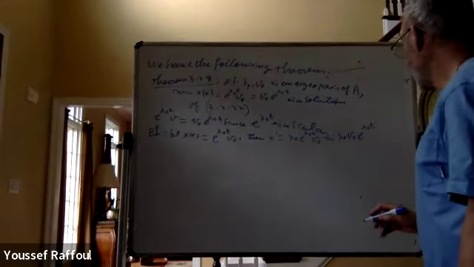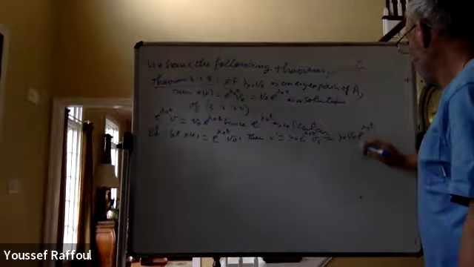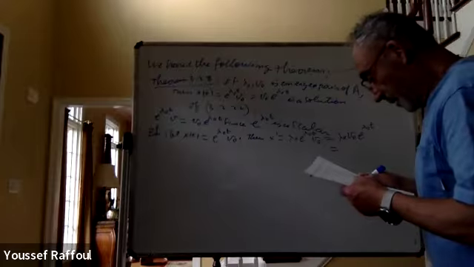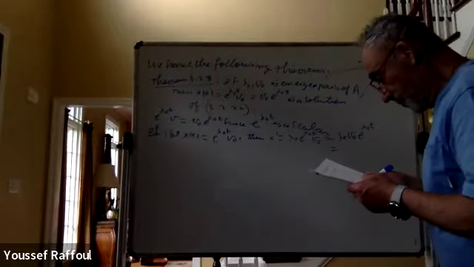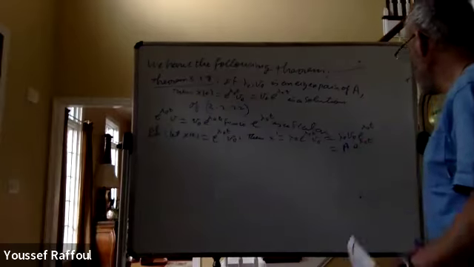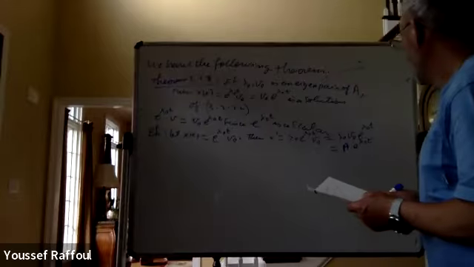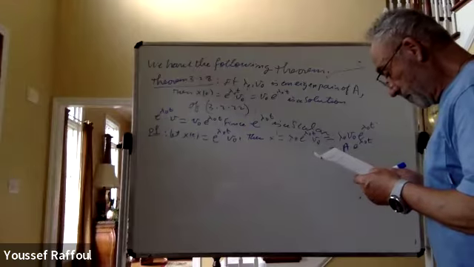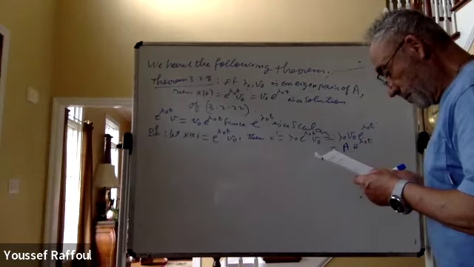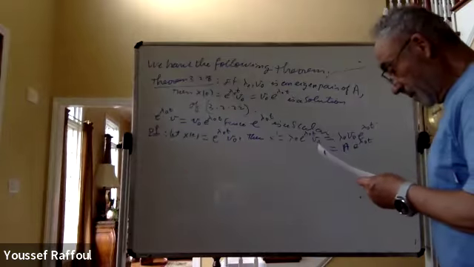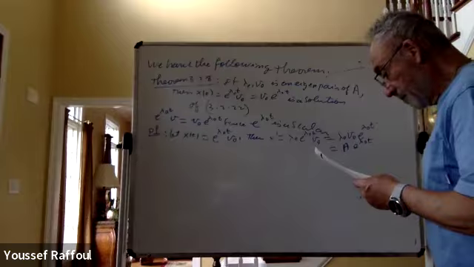And what is lambda 0 v0? Since lambda 0 and v0 are an eigenpair, A v0 equals lambda 0 v0.